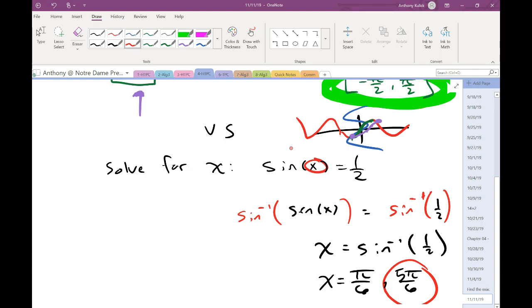Yes, right? So that should be an answer. Can we get that answer from our calculator? No. The calculator would never give us that answer, but we have to know that it's out there. Are these the only two answers? Nope, there's lots more.